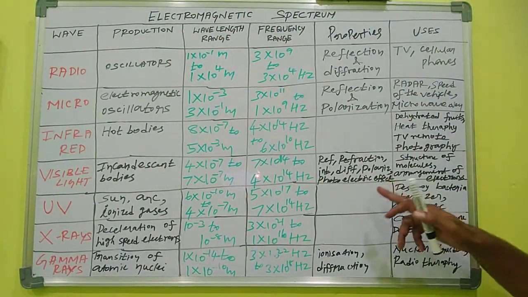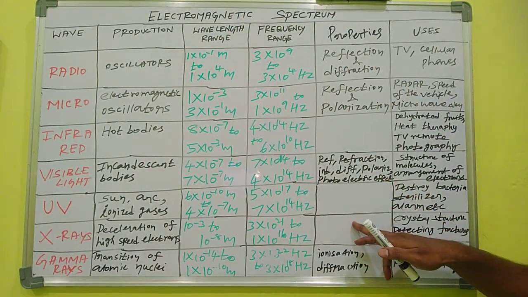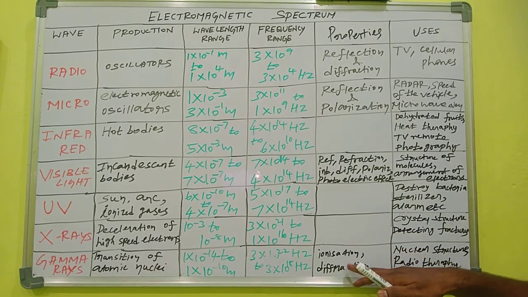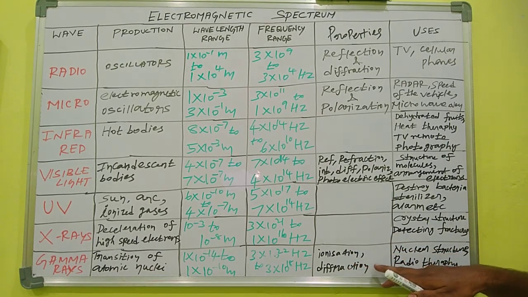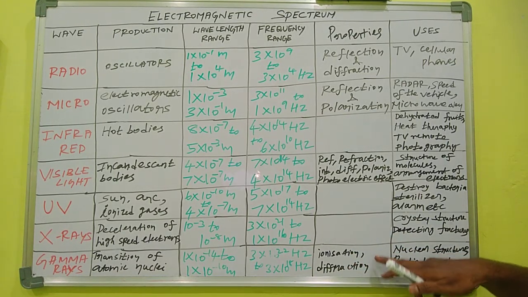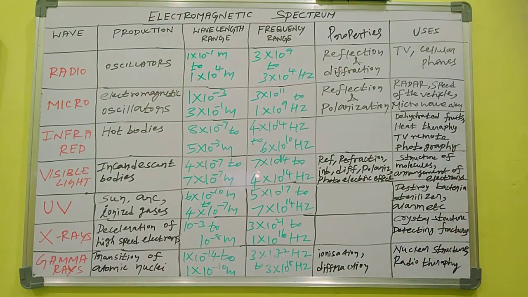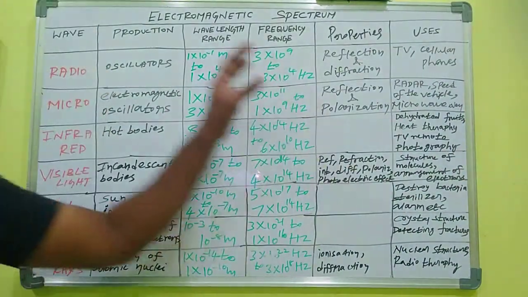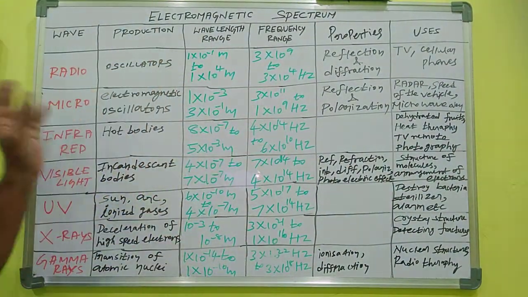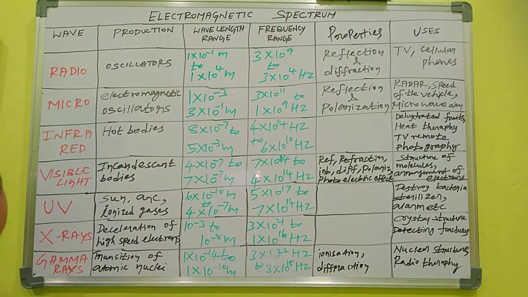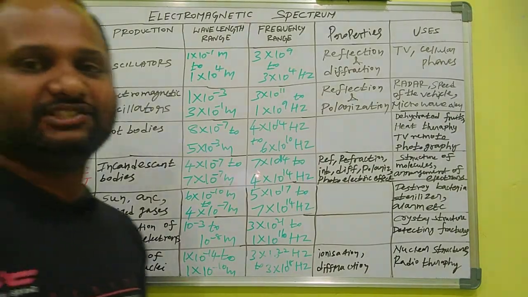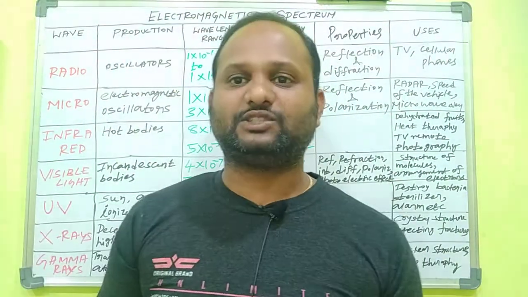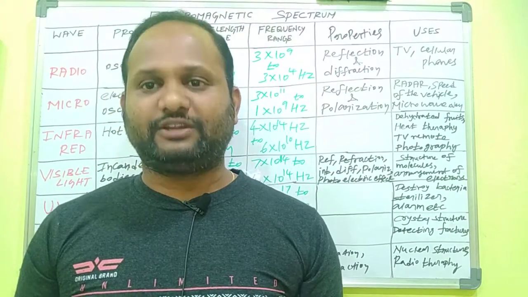So UV rays have less penetrating power, X-rays high penetrating power, gamma rays very high penetrating power. The ionization power of gamma is less when compared to X-rays or UV rays. Okay, these are all about the electromagnetic spectrum. The electromagnetic spectrum is nothing but an orderly distribution of electromagnetic waves with respect to wavelength or frequency.